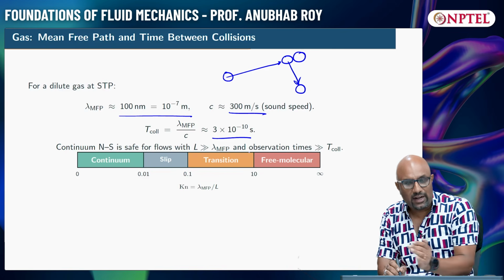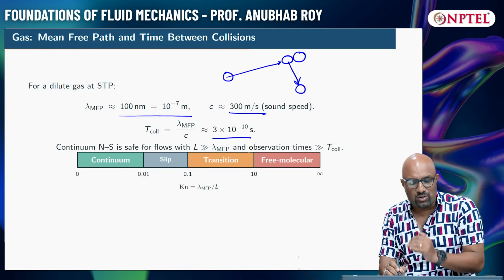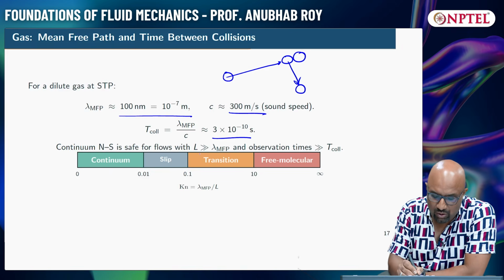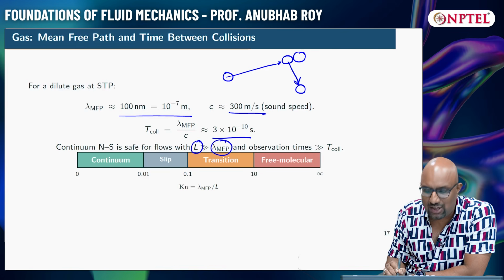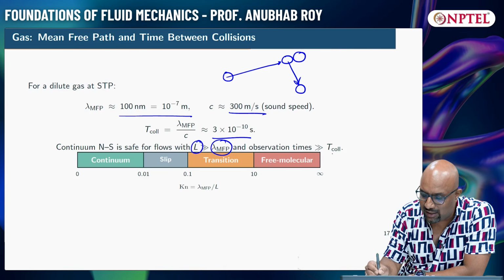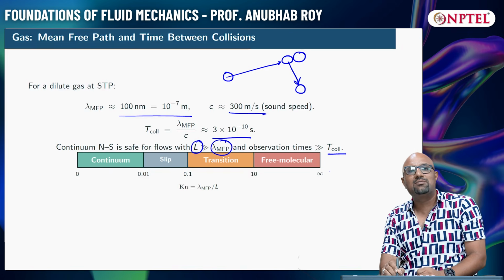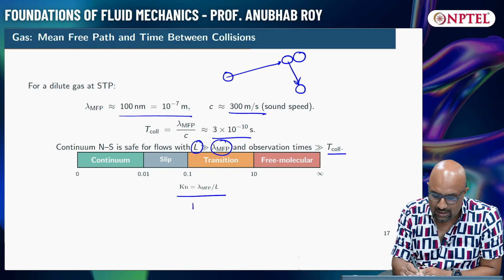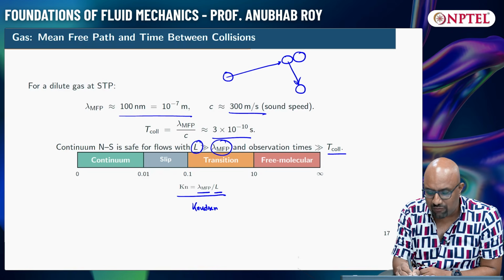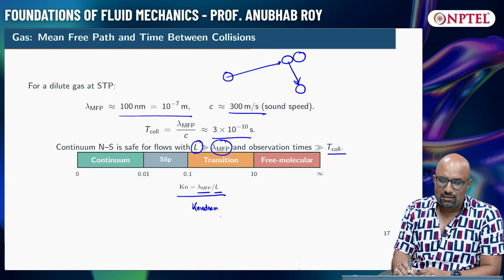So when you are trying to write down where the continuum Navier-Stokes is safe, you need to say this in terms of flows for which the length scale is much larger than the mean free path and the observation time scale is much larger than the collision time scale. There is in fact a number known as the Knudsen number, which is a ratio of the mean free path by the system size that you are interested in.